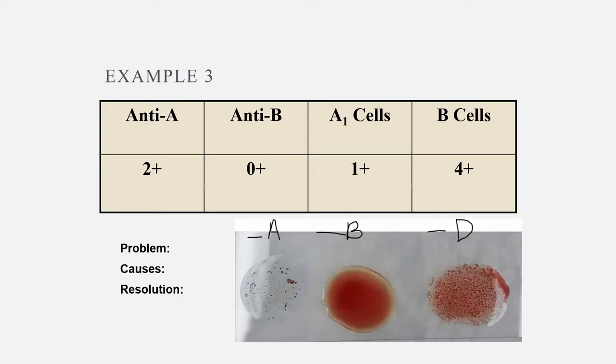I see you're thinking about it. This is an A2 that has made an anti-A1, so you don't want to give A red blood cells if they need a transfusion, because they have an antibody to A1. Most, about 80%, of A's are A1. So if you give A1 blood to an A2 with an antibody, they're going to start attacking those cells, and they're not going to have a good transfusion.